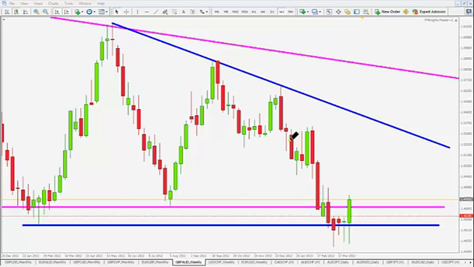More conservatively, you want to wait for price to fall back down, all right, to the 1.46285 level. Okay, that is the level you want price to fall back down to for you to begin to look for better long opportunities to the upside. Okay, so we are bullish here, looking for long opportunities.